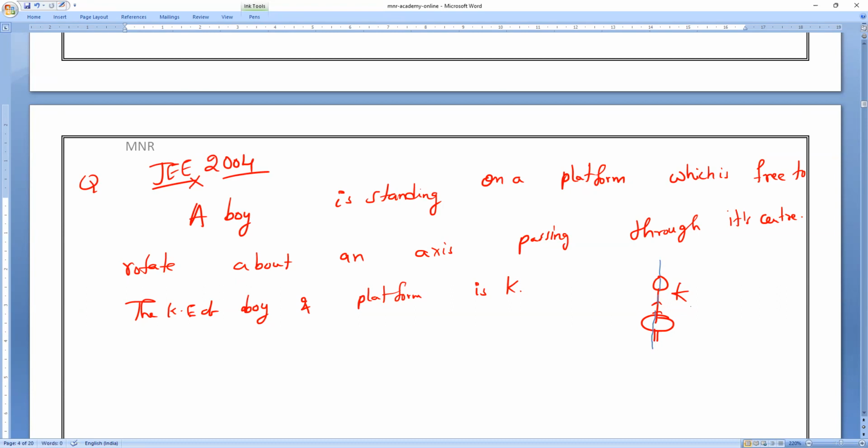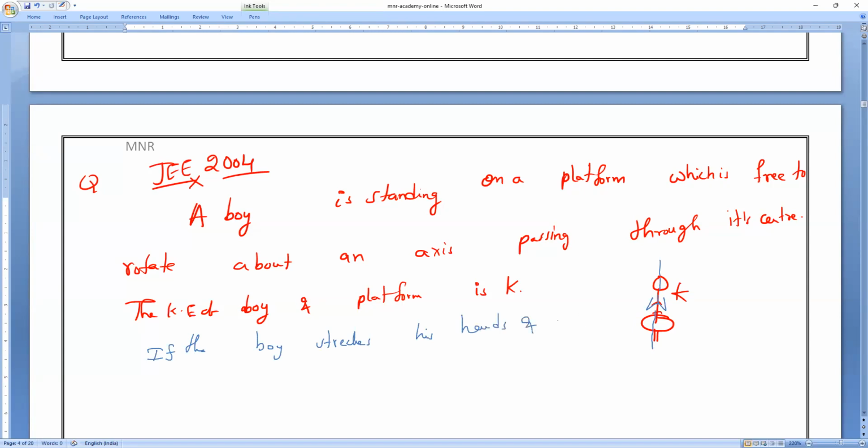Now they are saying if the boy stretches his hands, what does it mean? In the initial case, he is folding his hands up. If he stretches, that is the question. Write it. If the boy stretches his hands, it means he is opening, does the R value increase or decrease?